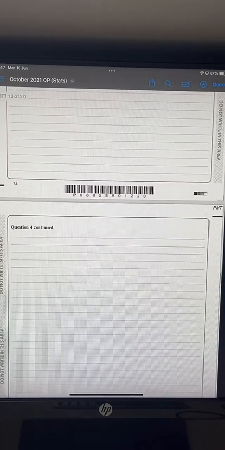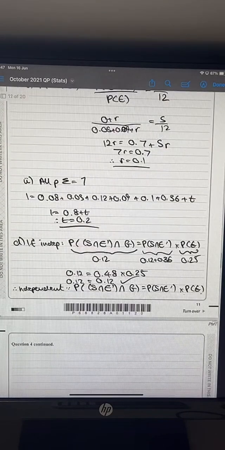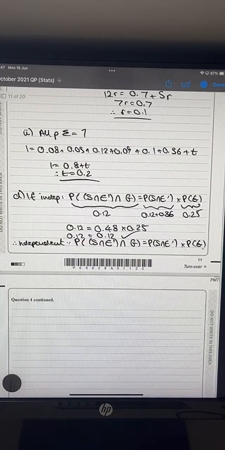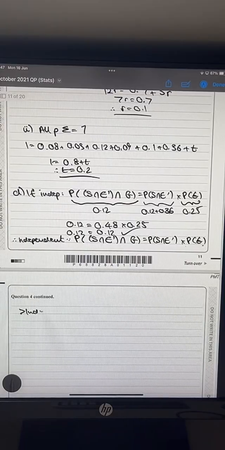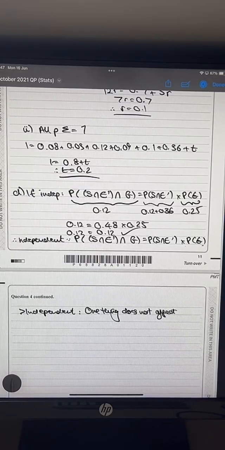What's the difference between independent and mutually exclusive? So if we go into their definitions first, independent is exactly what it means in real life, right? One thing does not affect the other, right?